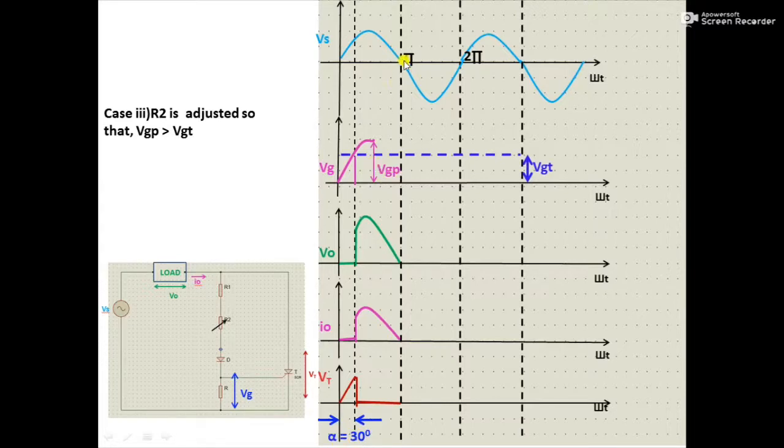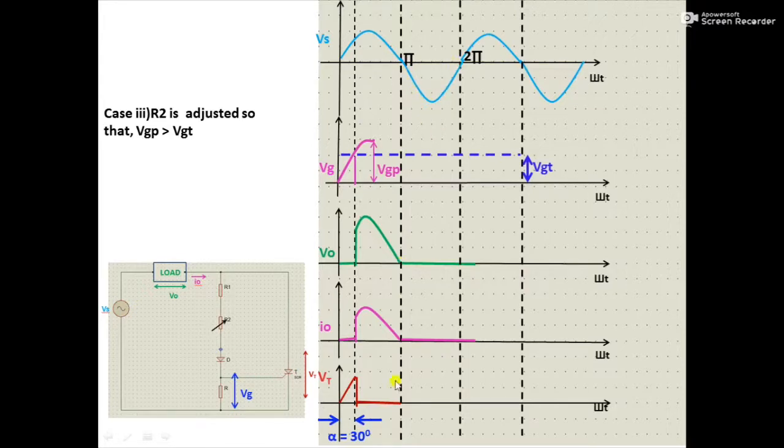Now, as the supply voltage reaches 0 at pi, the thyristor will turn off. Once the thyristor turns off, V0 will be 0 as shown by this green color here. Once the thyristor is off, your V0 will be 0, also I0 will be 0, and the voltage now appearing across the thyristor would be the same as the supply voltage. What is the supply voltage here?